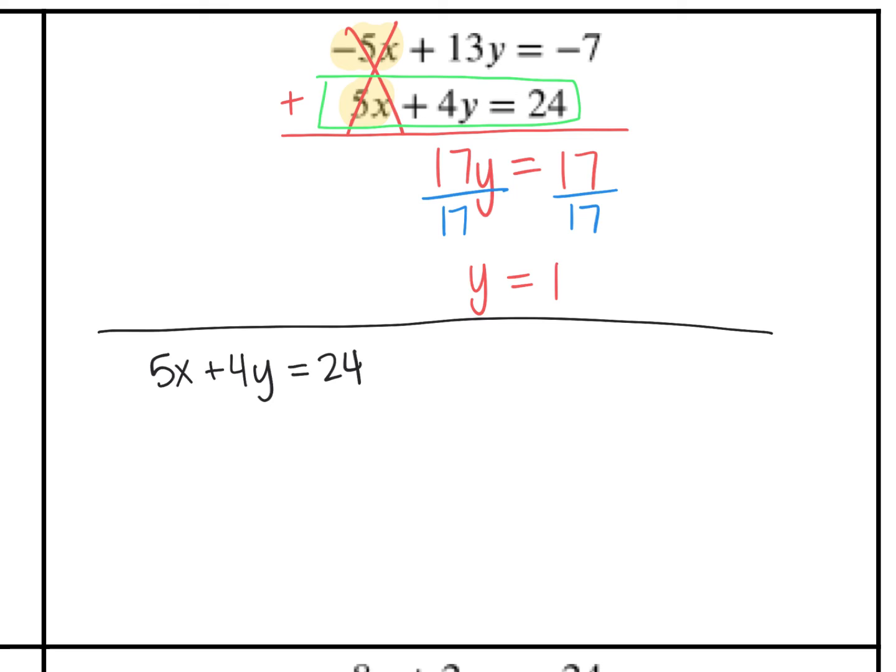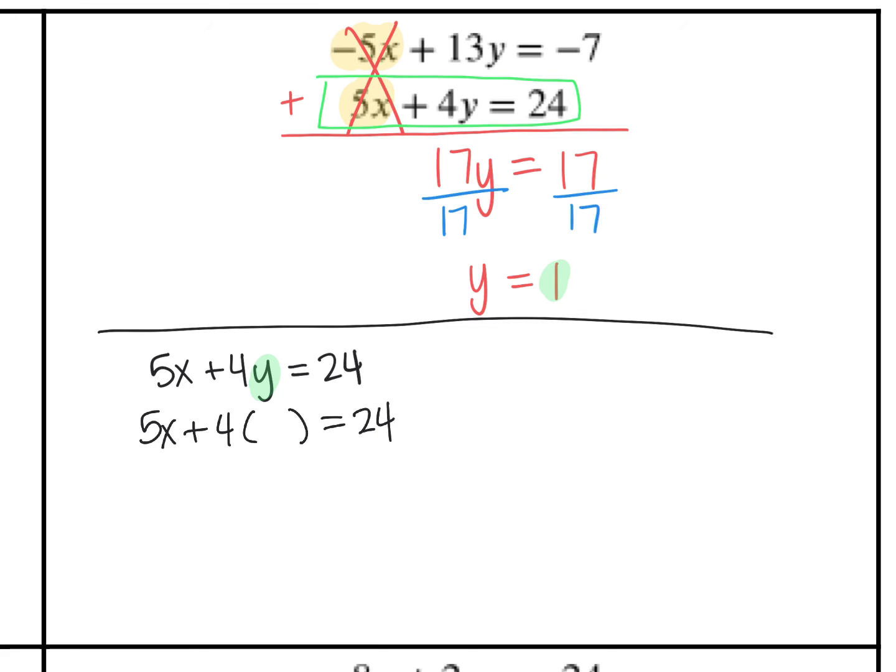Okay? Now we know what y is, because y is 1. That's what we just found. So we can rewrite this equation, but we're going to replace y and plug in 1. So 5x plus 4, I'm going to take out y, equals 24.